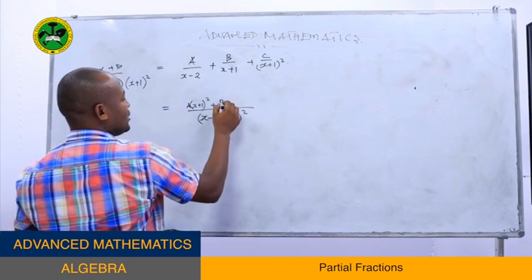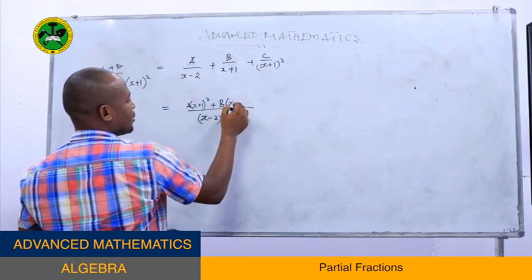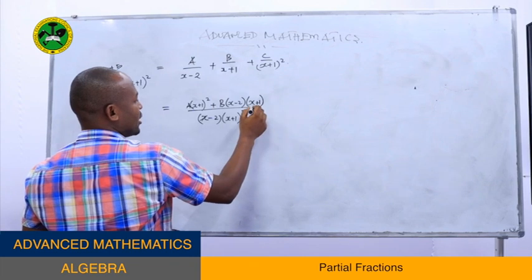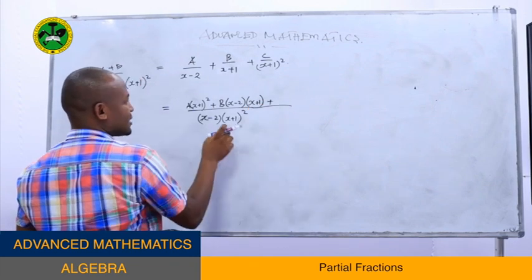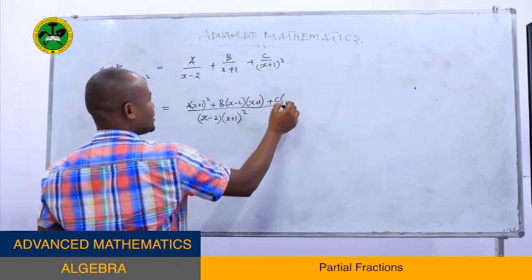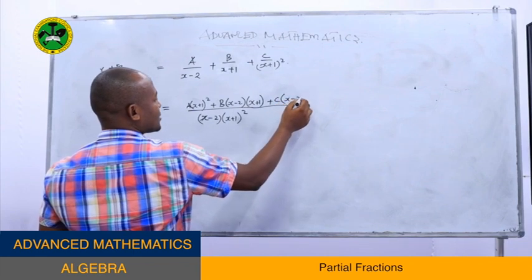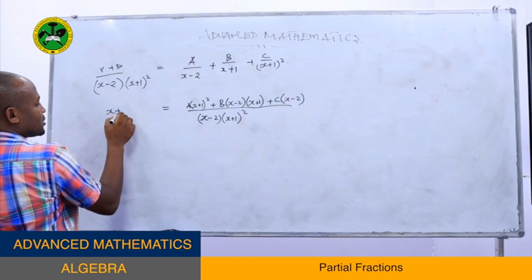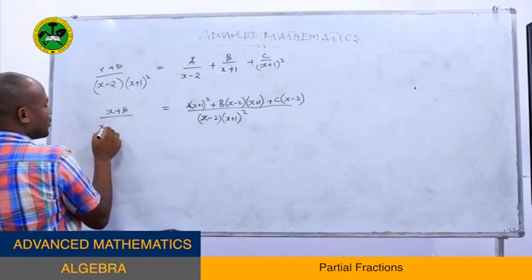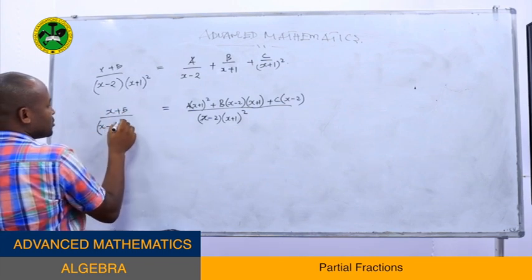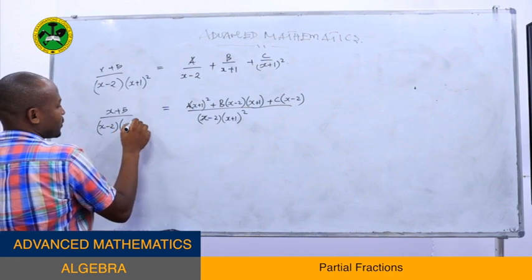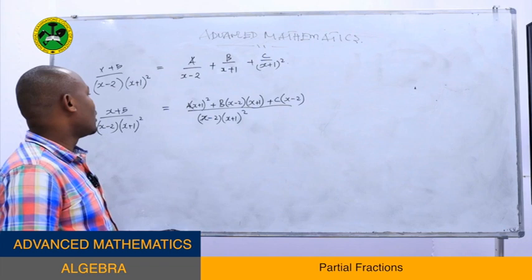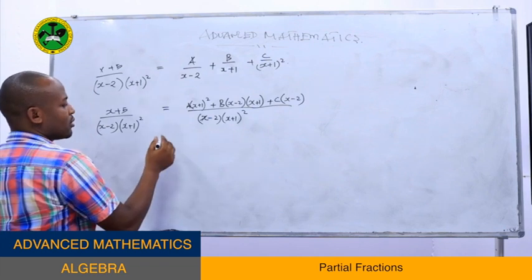Then we shall have B(x - 2)(x + 1), plus this and that means we shall have C(x - 2), and this is equal to x plus 5. Now let's simplify this into more simple parts.